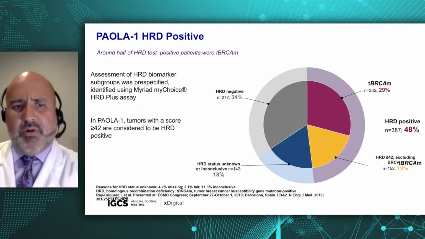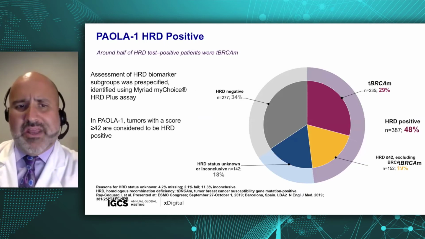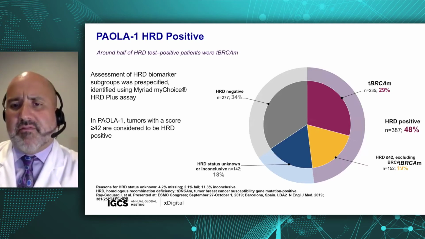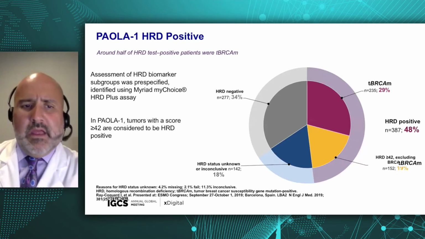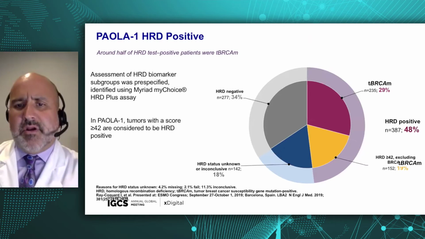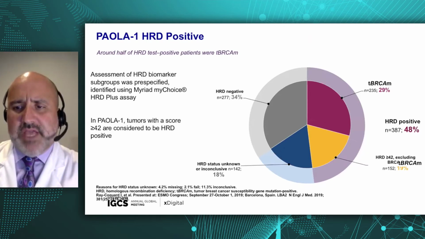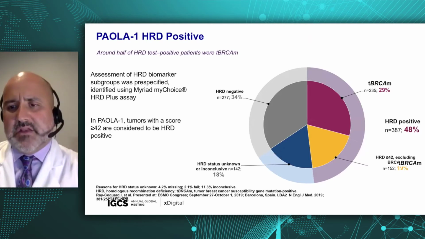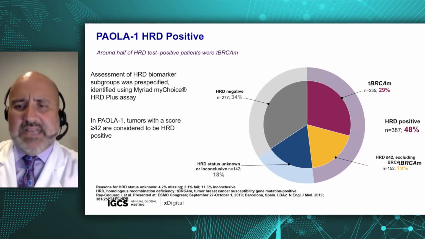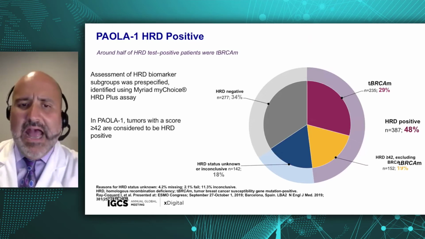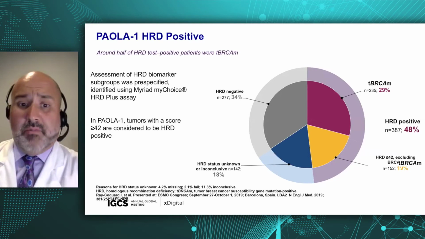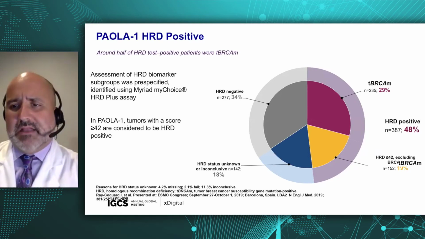Now, it's very important to note that the genomic instability test used here was Myriad myChoice with a cutoff of 42. The challenge with the HRD Myriad myChoice is we don't get the mutational analysis. And I think that is so important as we're really identifying those patients who we absolutely should be using PARP or some PARP maintenance therapy.